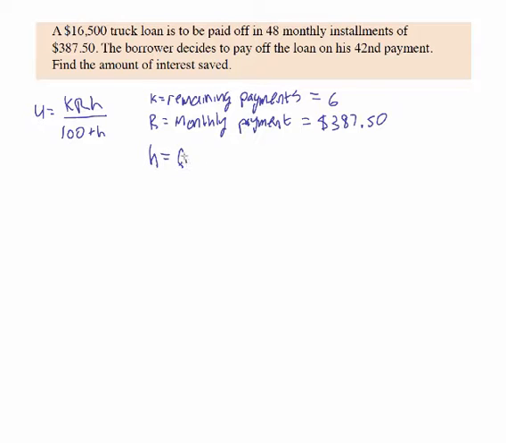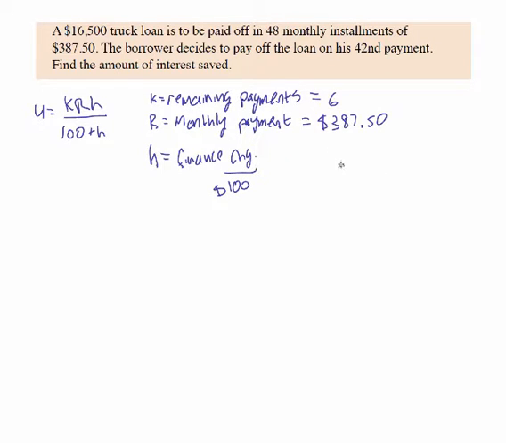That stands for the finance charge per $100 borrowed, but not for the original loan. This is the finance charge per $100 borrowed for a loan that has the same APR as the original loan, but only 6 payments. What that ultimately means is the first thing we're going to need to do before proceeding is finding the APR of the original loan.